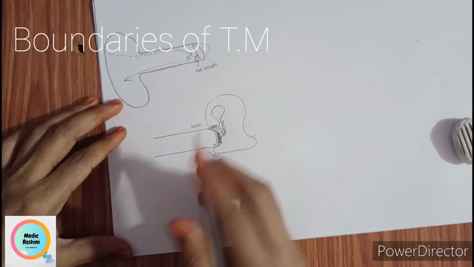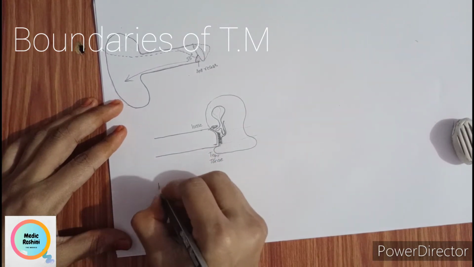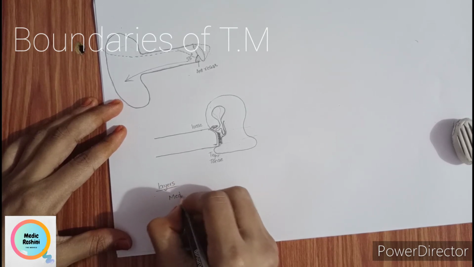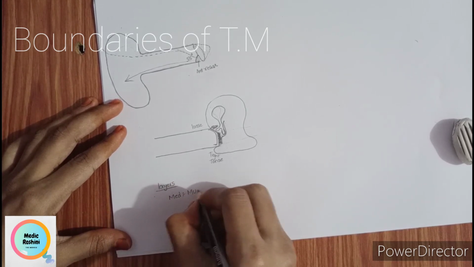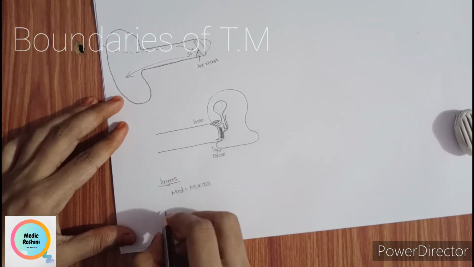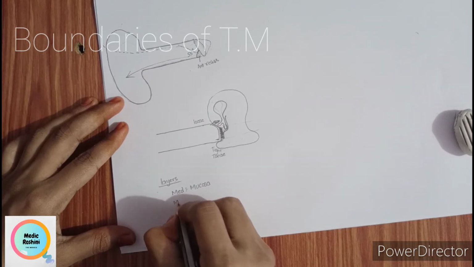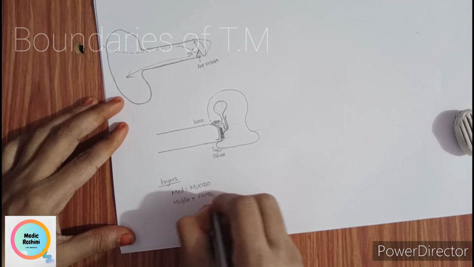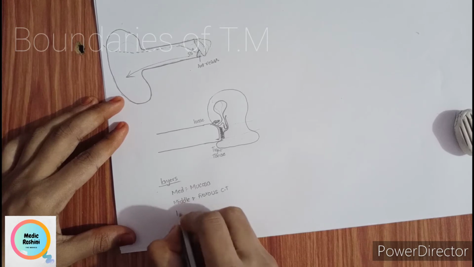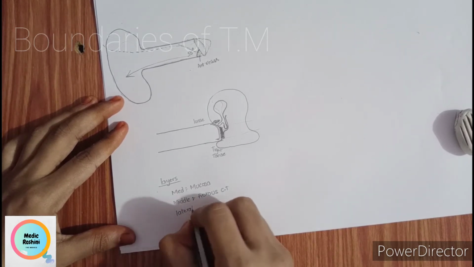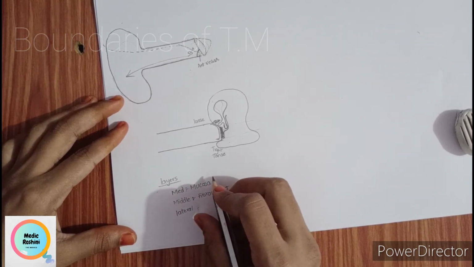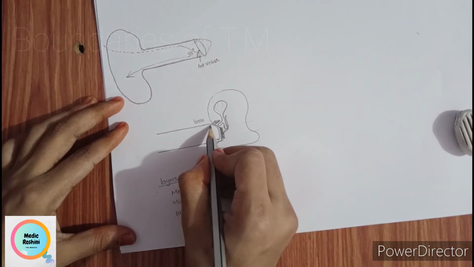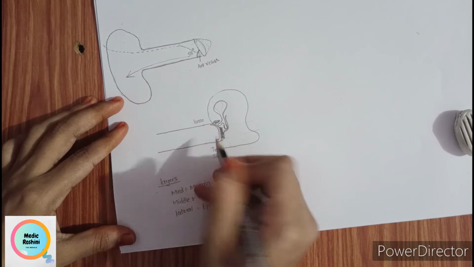What are the layers of the tympanic membrane? Medially we have the mucosal epithelium, in the middle we have the fibrous connective tissue, and laterally we have the epithelial layer, the skin epithelial layer.